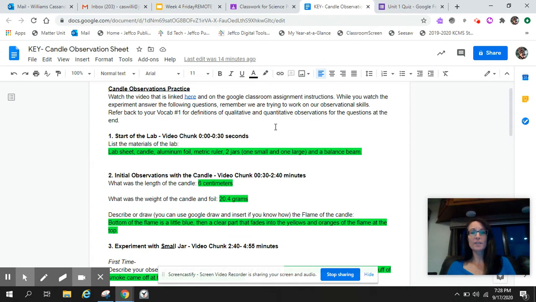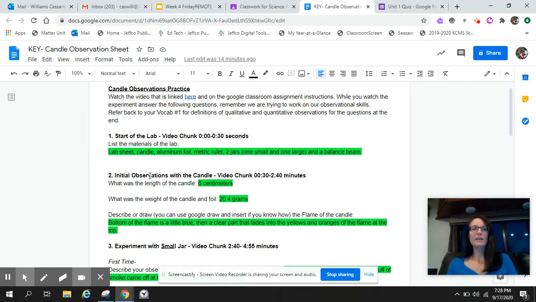So here are the correct answers in case you may have gotten one or so not correct, to make sure that you're learning the correct information. So number 1, we had the start of the lab, and we told you exactly, between what seconds that the answers would be. So we asked for the materials he was using. He mentioned a lab sheet.